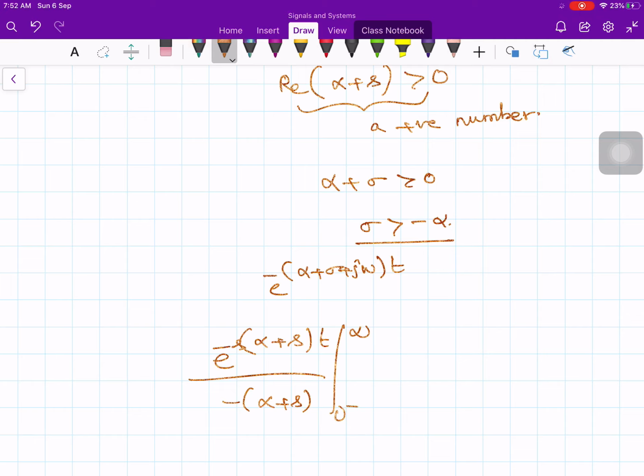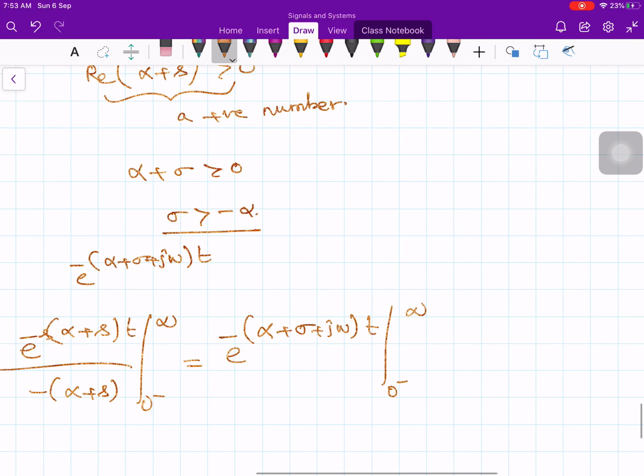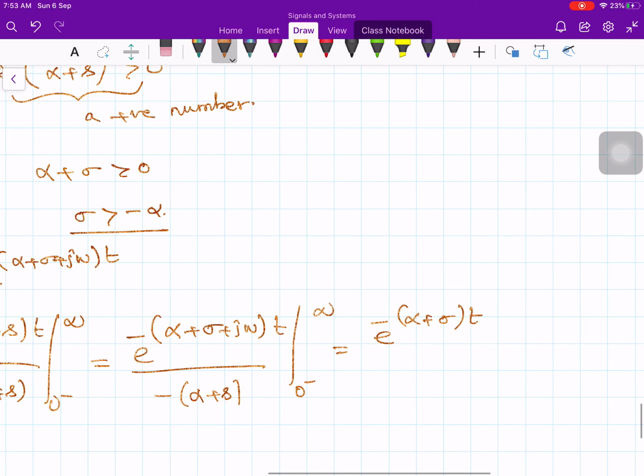Now what does it mean? e to the minus of alpha plus sigma plus j omega times t, and the limit is 0 minus to infinity. But this we can rearrange as e to the minus of alpha plus sigma times t times e to the minus j omega t, whole divided by minus of alpha plus s, and the limit is 0 minus to infinity.